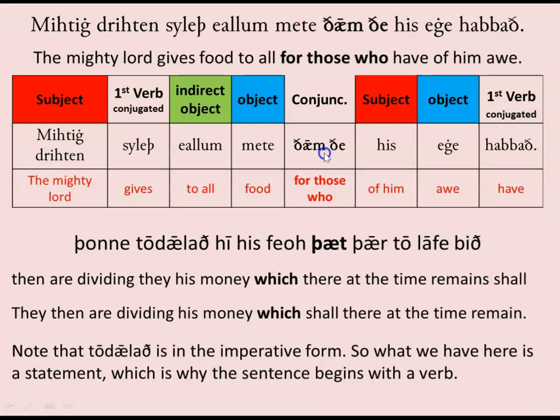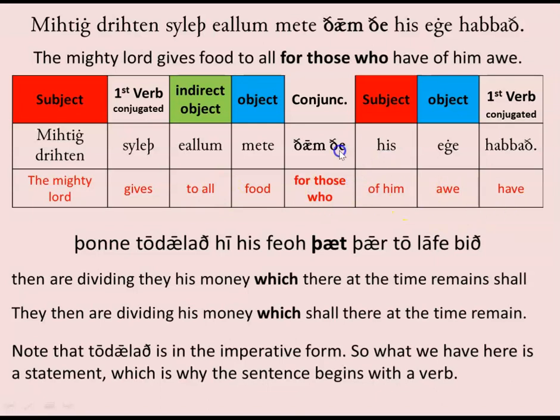Tham is the dative plural of the word the, that, those. And in this case, we need those. Being dative, we have to supply an appropriate preposition when we translate to modern English. The appropriate preposition here would be for those who, because that makes sense. The mighty Lord gives to all food for those who have of him awe.